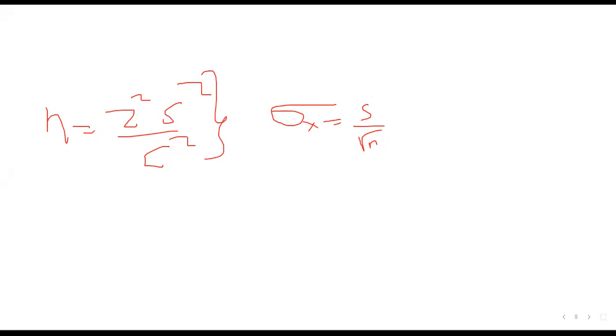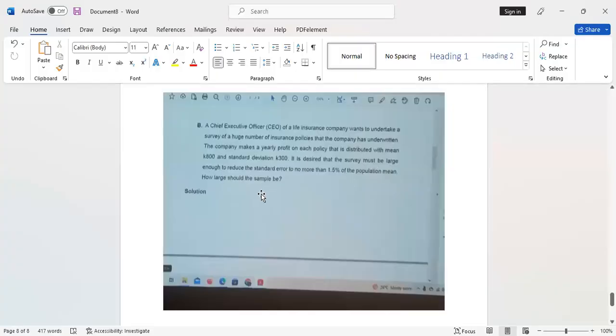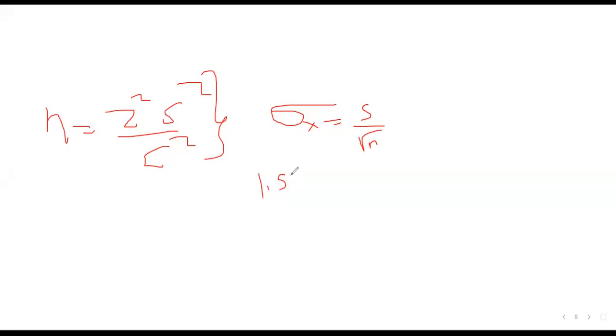What are we told? 1.5. Standard error is 1.5% of what? The population mean. So what is our population mean? 800. 1.5% of 800.